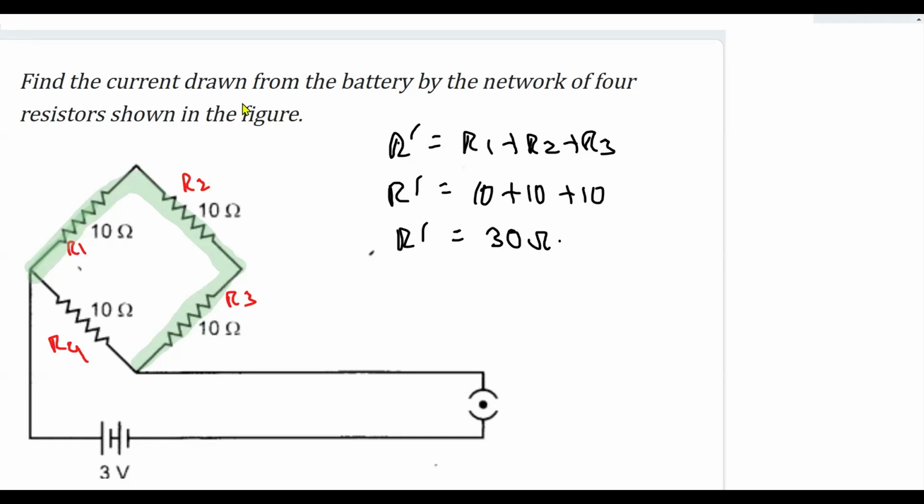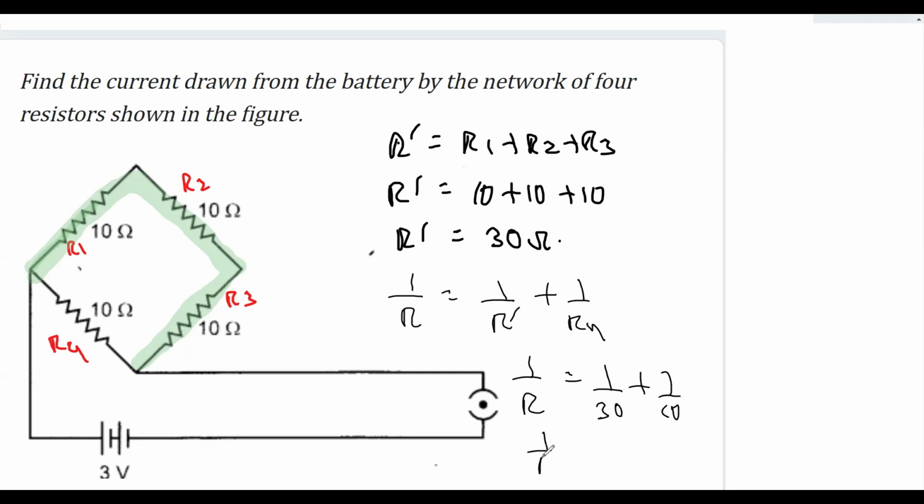So if I have to get the value, 1 over R is equal to 1 over R dash plus 1 over R4. Now calculating this by placing the values, R dash, as you can see, is 30 ohm, plus 1 over 10. So how much does it come out to be? LCM is 30. This is 1 times and this is 3 times.